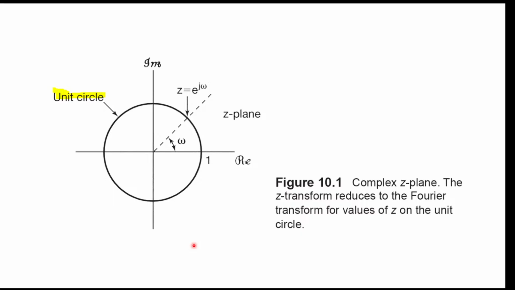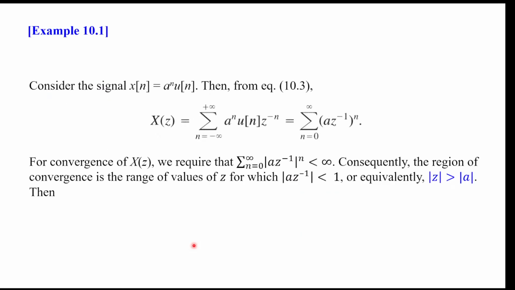If we're okay, then we keep repeating what we did in the Laplace transform. We start with the first example, the z transform of the most basic signal, the exponential decay signal.